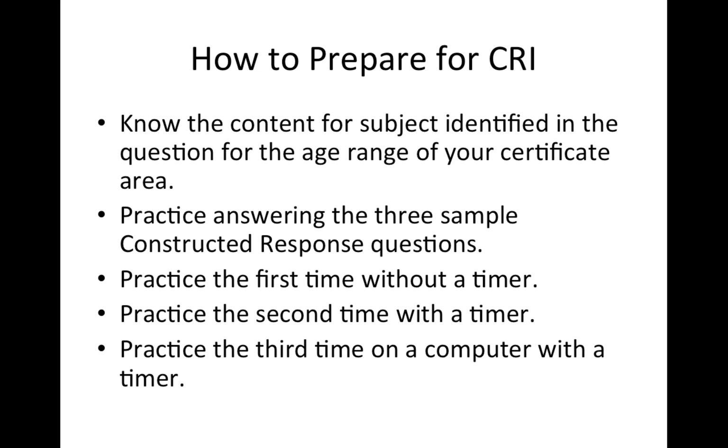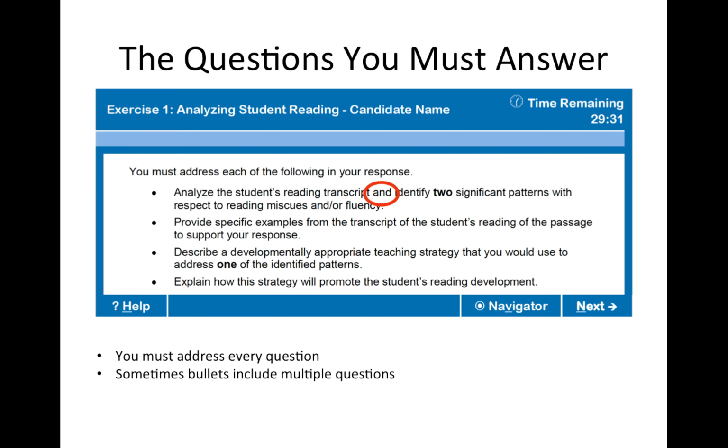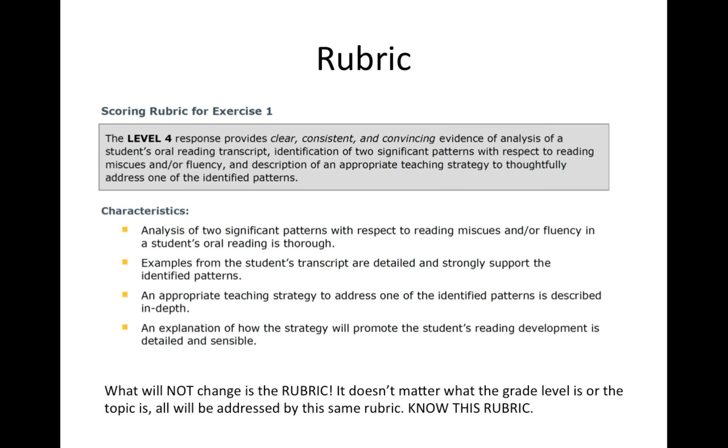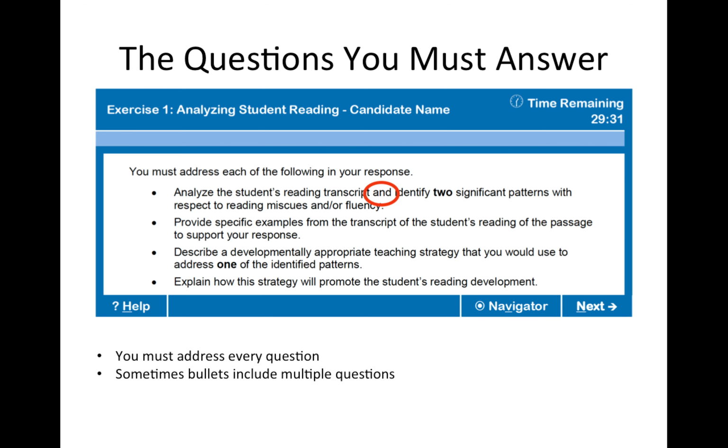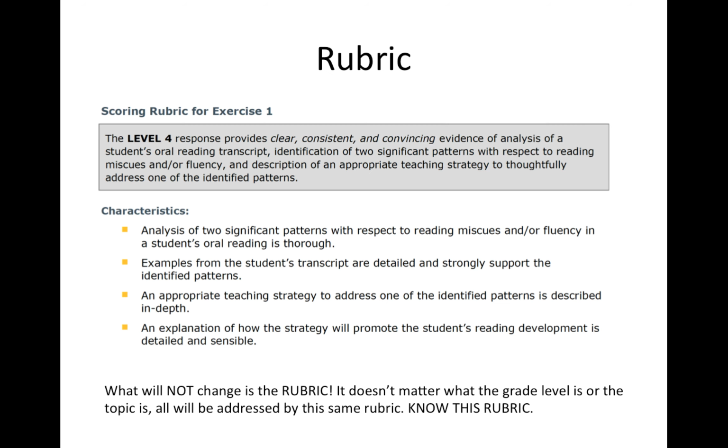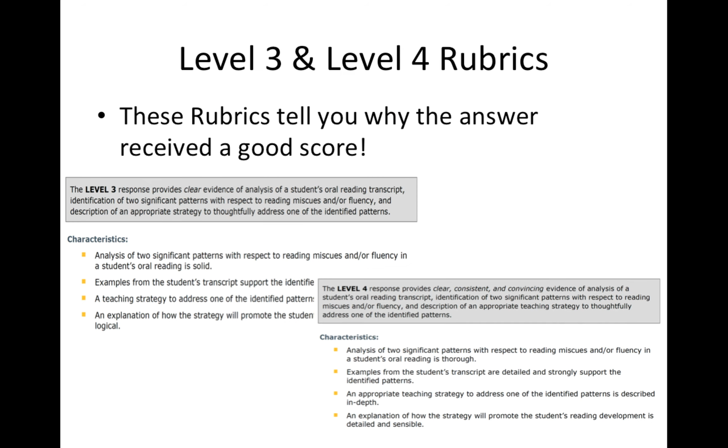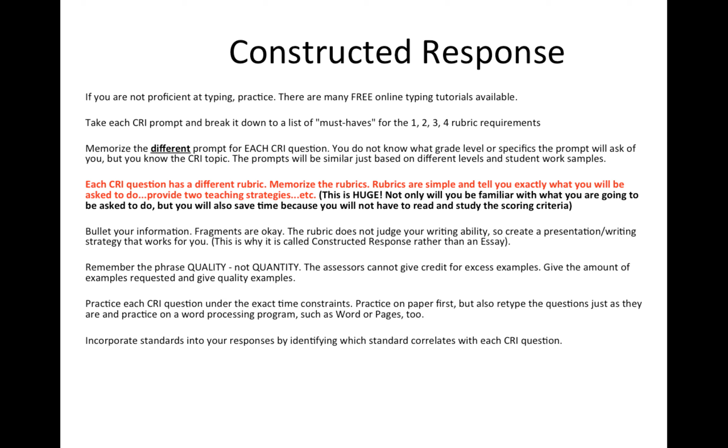And again, if you go back and look at this really quick, this is what we're talking about, the prompt. And you can see what you must address. If you fast forward that and you look at the rubric, it's the same thing, okay? So when I use the word prompt, that is interchangeable with the rubric. What will change will be the stimulus. But you need to know that is huge.